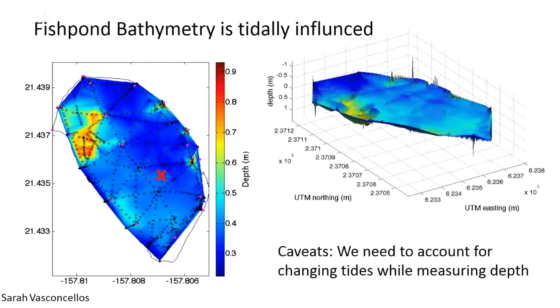There's 2 factors basically defining the layering of water in a water column. And it's based on density. One is temperature, so warmer water is lighter and will stay on top. And another one is salinity. And that's where it becomes really complex in the fish pond because you have temperature differences, but you also have salinity differences because you have more saline water coming in from the ocean and fresh water coming in from the stream.